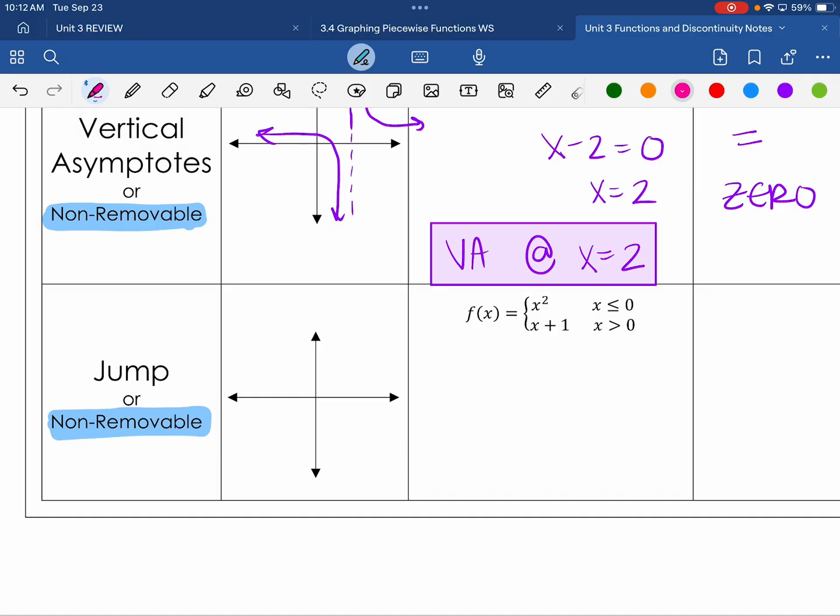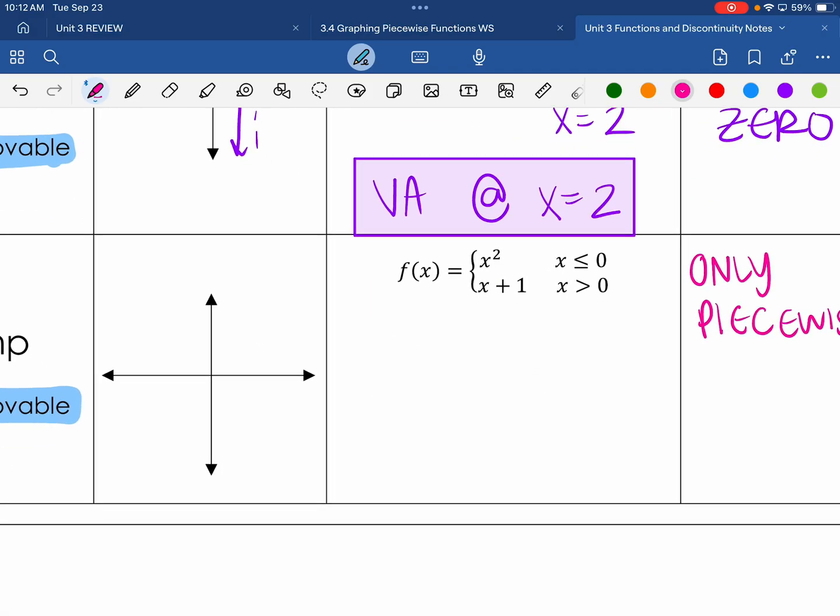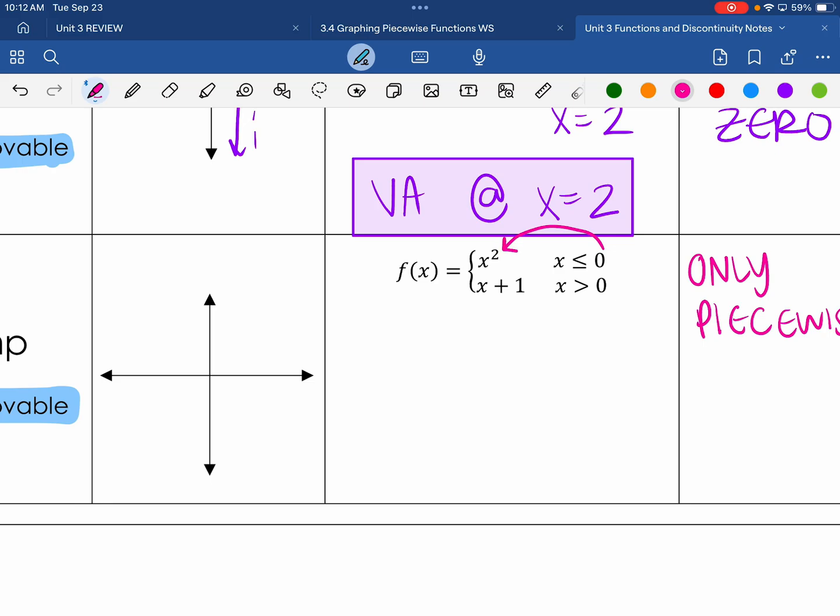Now, the jump can only happen on a piecewise. That's the only time a jump can happen. What we're going to do to figure out the jump is figure out our endpoints. When I plug 0 into x squared, what am I going to get? 0.